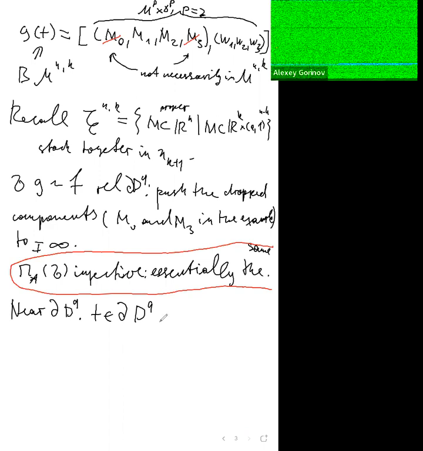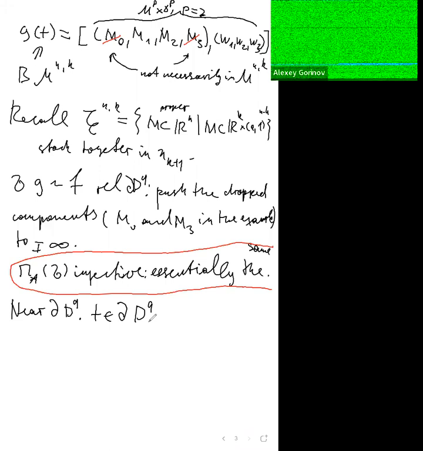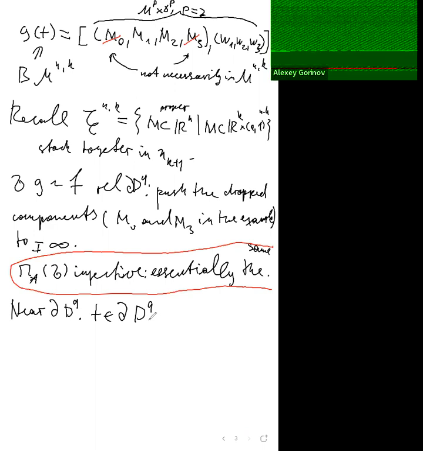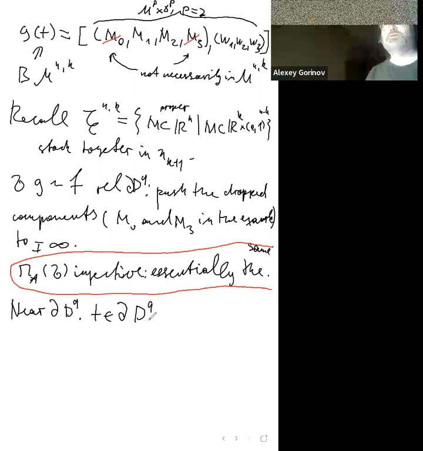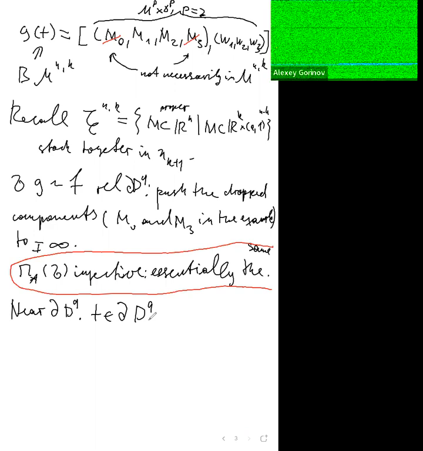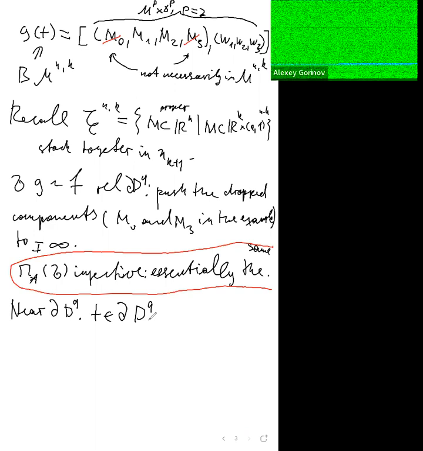Let's see what happens when we have a point t on the boundary, on the sphere.